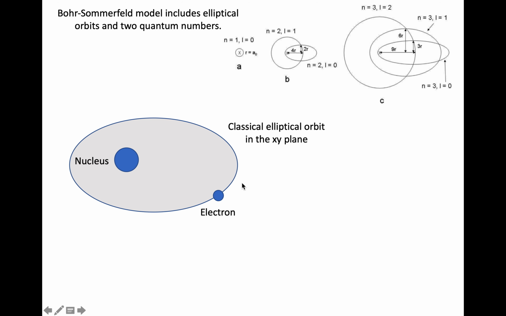So here's some descriptions within the Bohr-Sommerfeld model where it now introduces another quantum number. We have our principal quantum number n, and we now have one describing the orbital angular momentum. So we see here the next way to expand the model is to go from simply circular orbits to also include elliptical ones.